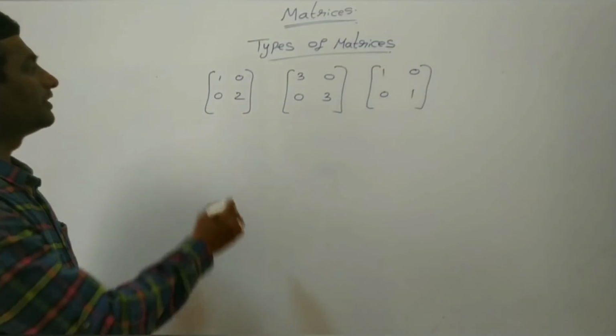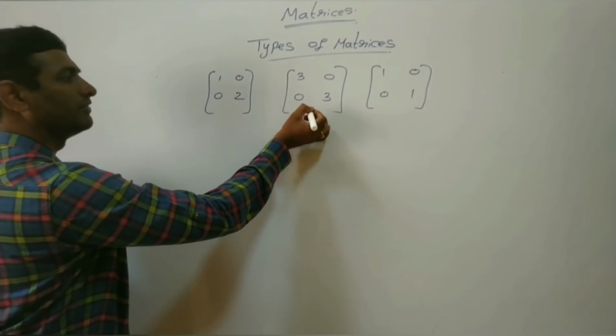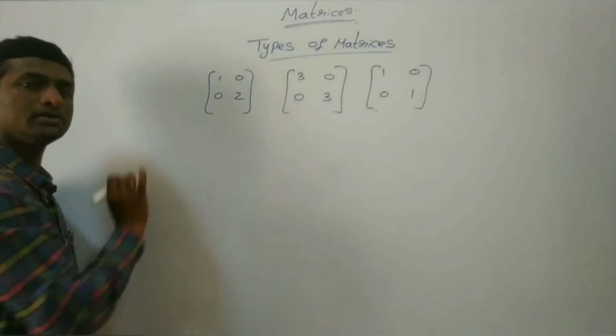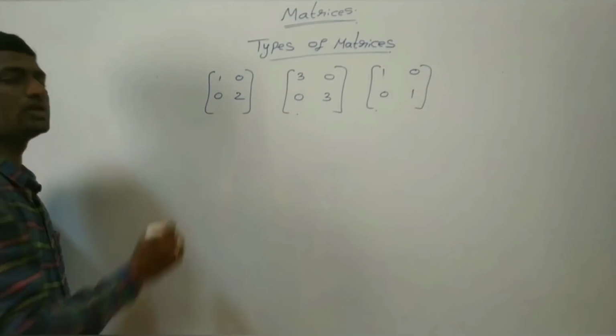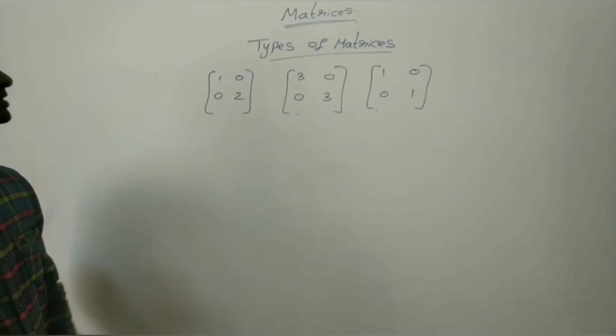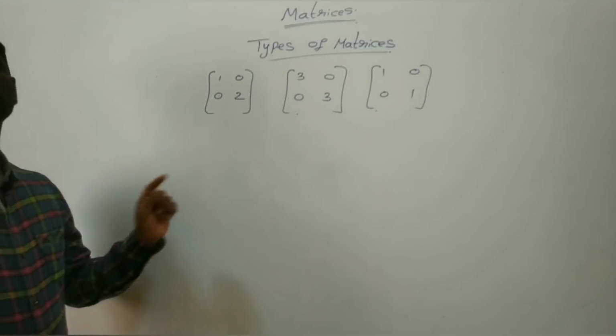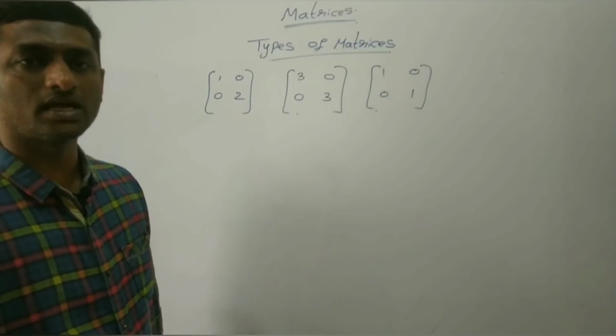Means every identity matrix is a diagonal matrix. Every scalar matrix is also a diagonal matrix, but every diagonal matrix may not be a scalar matrix.